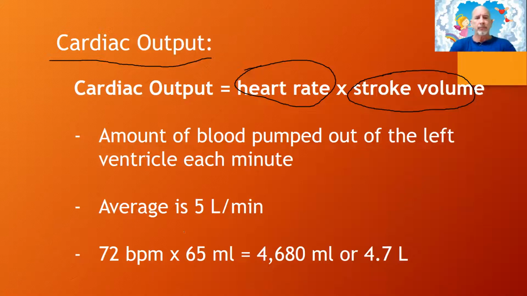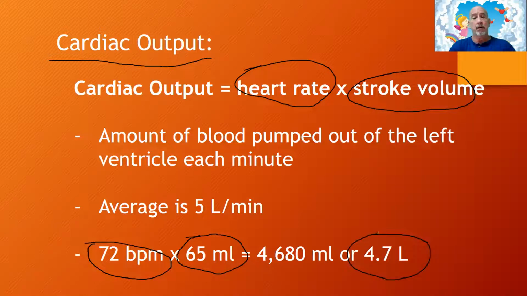Now, the reason this is important is you have to have a sufficient heartbeat and you have to have a sufficient volume of blood coming out of your heart to have a sufficient cardiac output. If your heartbeat's normal, but you're not pumping much blood, like in the case of congestive heart failure, where your muscle just isn't working as well anymore, that 65 may be 45 or 30.